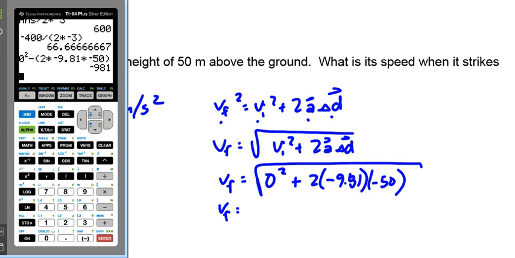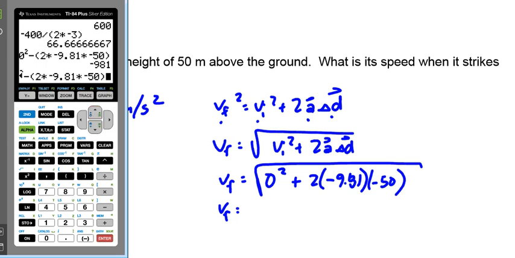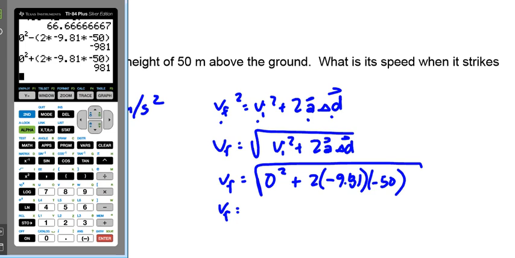Wait a second. Oh, it should have been a plus up there, right? So 0 squared plus 2 times negative 9.81 times negative 50, 981. Got it?